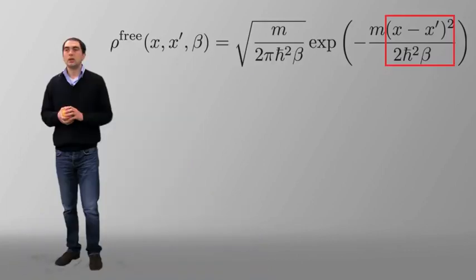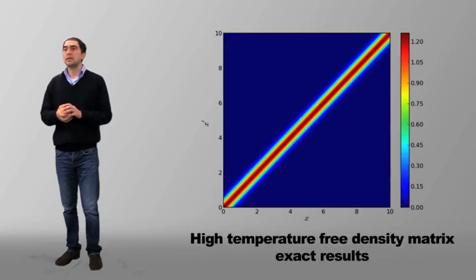In Python, we can implement the Trotter decomposition using Michael's approach and plot the entire density matrix at high temperature. Remember, the free density matrix rho free (x, x prime, beta) is a function of x minus x prime, and this gives the nice stripe in this diagram.